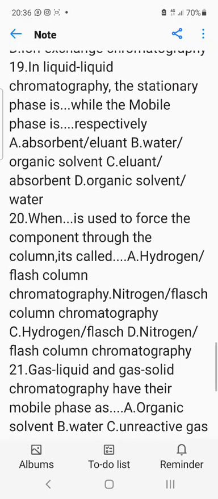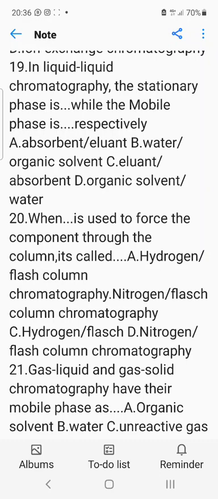Number 19. In liquid chromatography, the stationary phase is dash, while the mobile phase is dash, respectively. Please take note of the word liquid, which is also called paper chromatography.